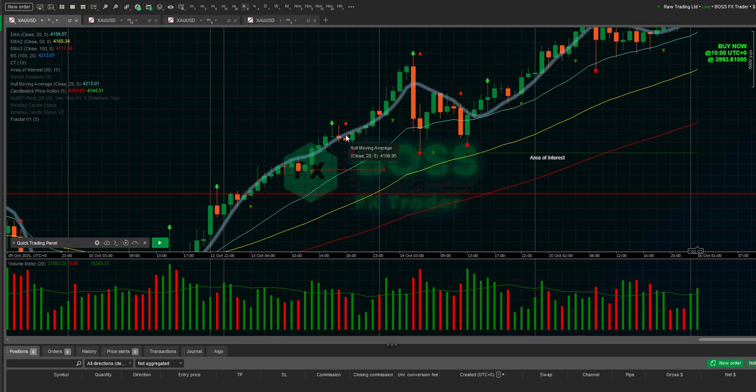But in this case it doesn't have that possibility or strength. And then look at the next candle here. This one is solid with a fractal here. Then there's a buy signal again showing.